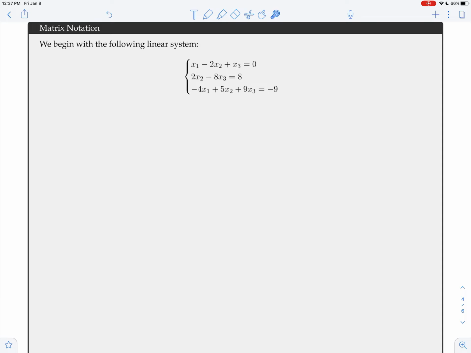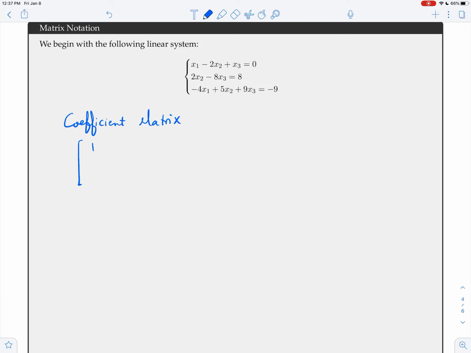So what I want to do is look at this system. Let's look at the first equation together, and notice the coefficients. The coefficients are 1, minus 2, 1. There's really a 0x1, 2x2, minus 8, and so on and so forth. And so the coefficient matrix associated to this system is the following matrix.